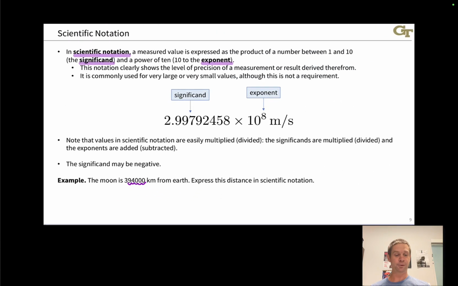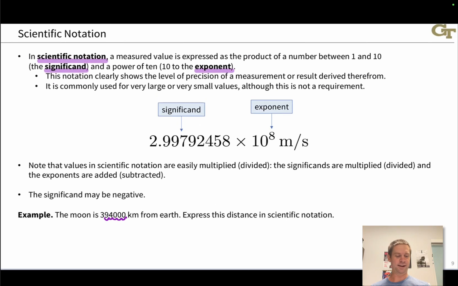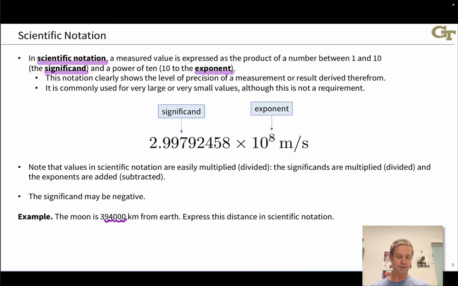And so the exponent here will be 5, and I can go ahead and write something times 10 to the 5th kilometers. And the something is the number we get by placing the decimal point just to the right of that leftmost number, 3.94000. And I do encourage you to include the trailing zeros.